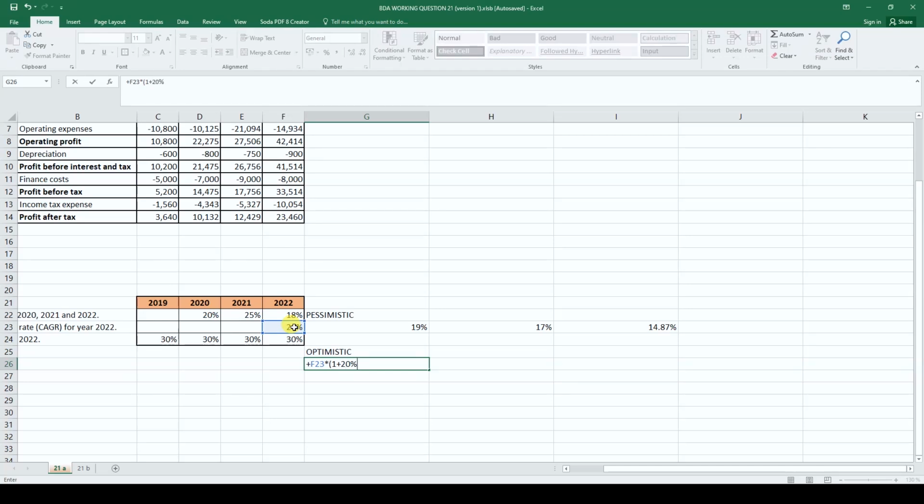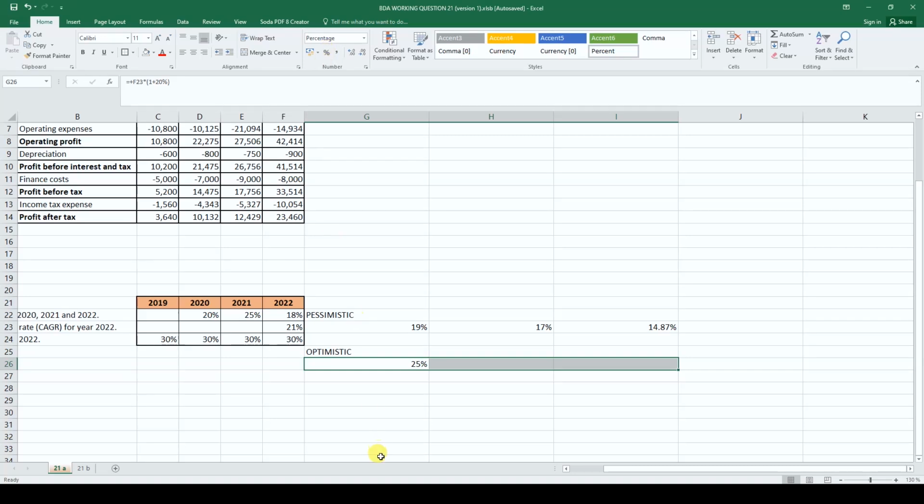It's above. So 20%. So for purposes of consistency, like that, 25%. So you increase 21% by 20%, it comes to 25%.